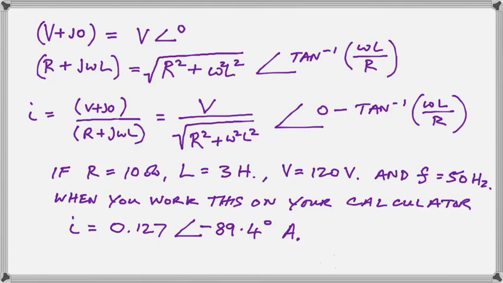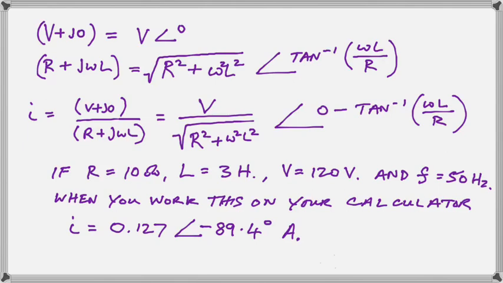If you don't follow this simple mathematics here on this page, just go back and watch it over, and it will become plain that all we're really doing is converting between polar and rectangular coordinates. As you can see, we do our division there, and then we do our subtraction in terms of the angle, 0 minus tan minus 1, omega L over R.